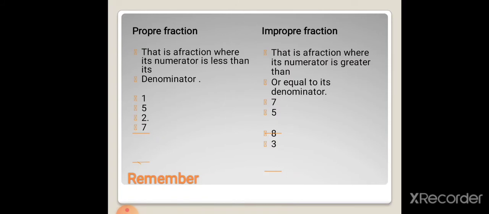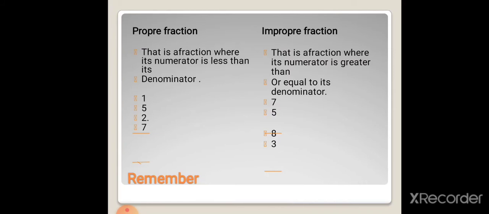What do you observe here? You see that 1 is smaller than 5, so we call it a proper fraction. 1 is the numerator, 5 is the denominator, so 1 is smaller than 5, so we call it a proper fraction.